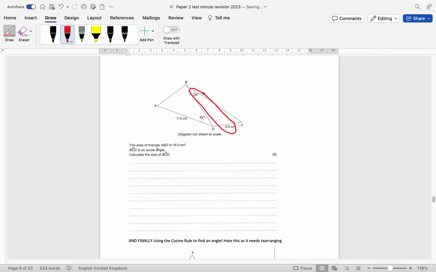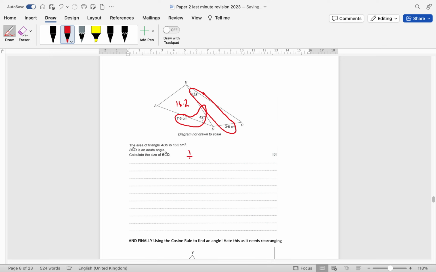Right, the area of triangle ABD is 16.2, right? In other words, that is the answer. To get that answer, I would have needed this triplet to get that.